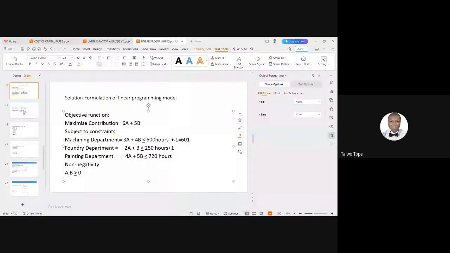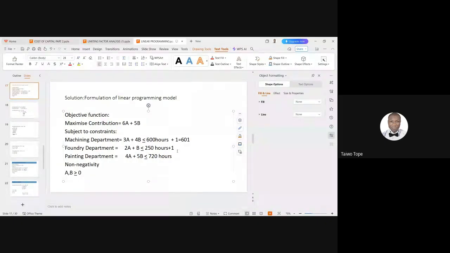So the difference between the new contribution and the old contribution will give me what? My shadow price for the machining department. If I should add 1 to this 250, I now solve, and the difference between the new contribution with the addition of 1 and the old contribution without this addition is what the concept of shadow price is talking about.